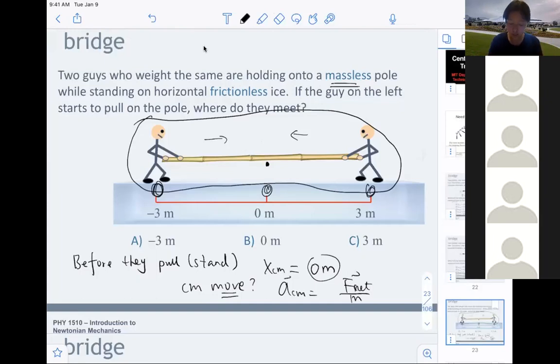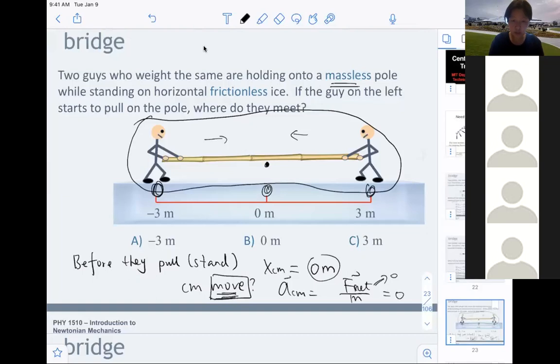So there is no external force acting on the system, which means the center of the mass has an acceleration of 0. If it's originally at rest and there's 0 acceleration, it should not change its original position or velocity.